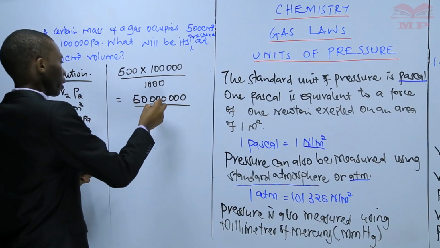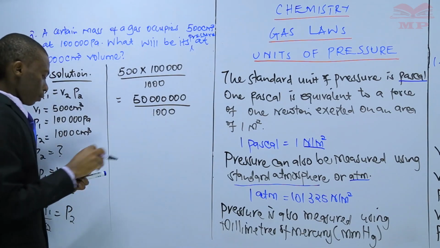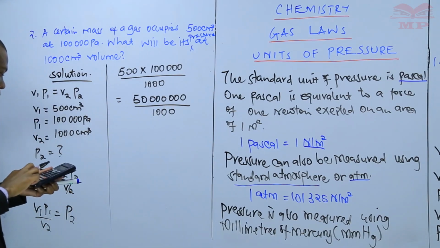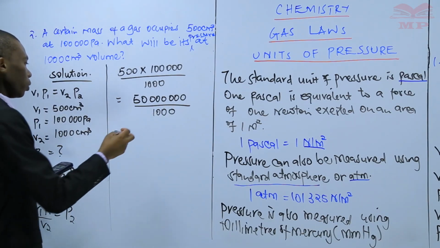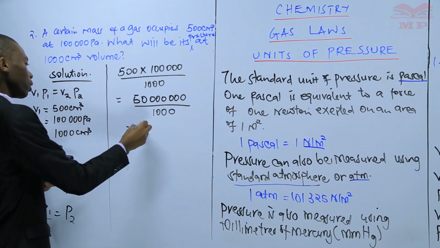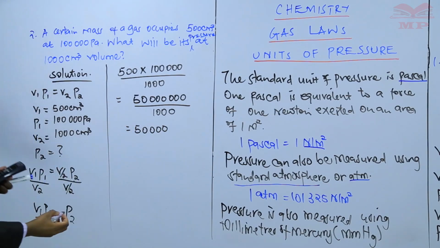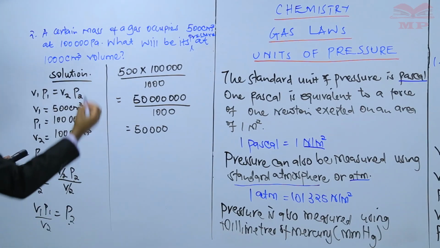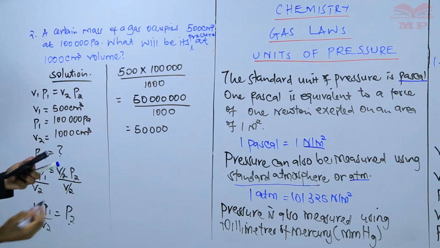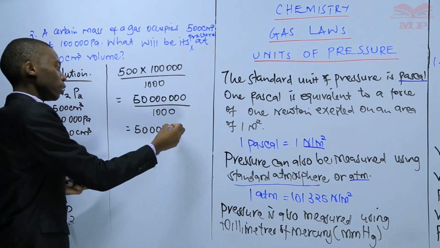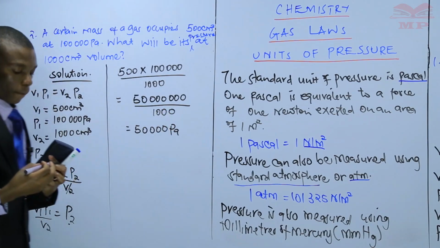And divide this by 1,000. You will get 50,000. Because you are looking for pressure, you must include the units of pressure. Therefore, it's 50,000 pascals.